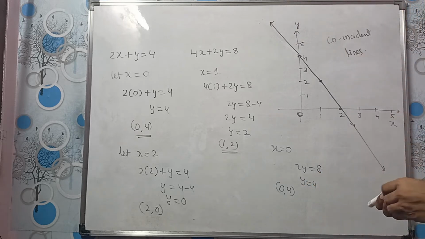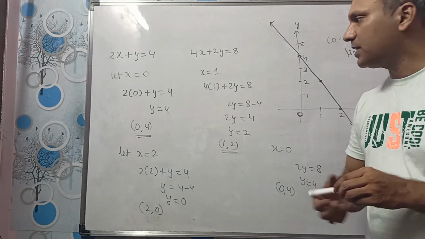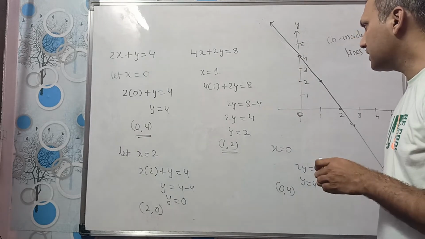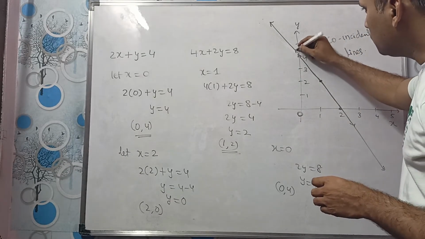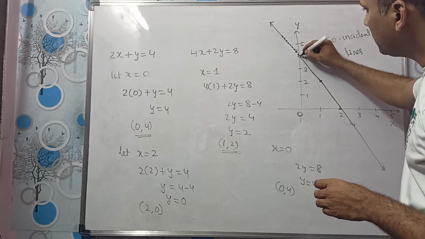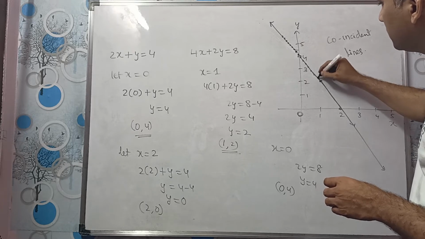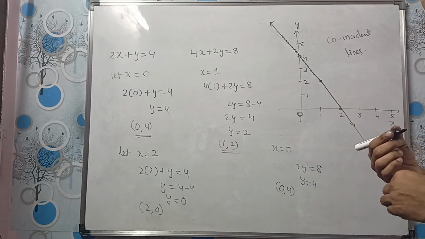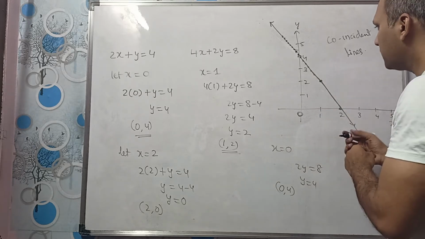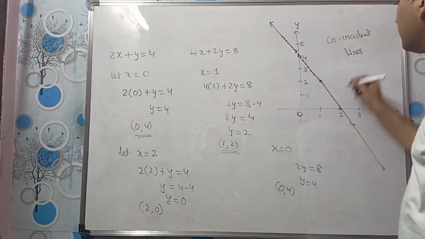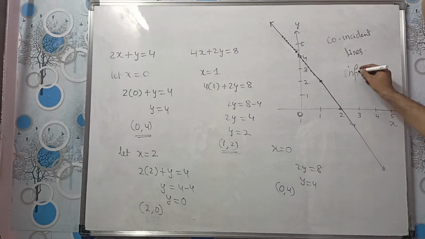I hope you understood these three concepts: intersecting lines, parallel lines and coincident lines. Now see, these two lines are touching where? In infinite points. The point where the two lines touch each other will be the solution. Here these two lines are touching infinitely, so these two equations will have infinite solutions.